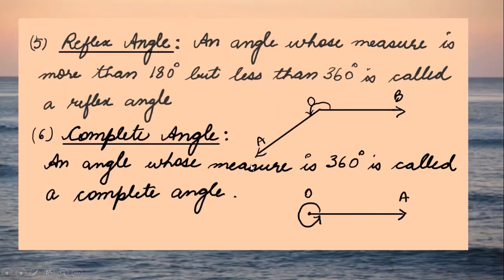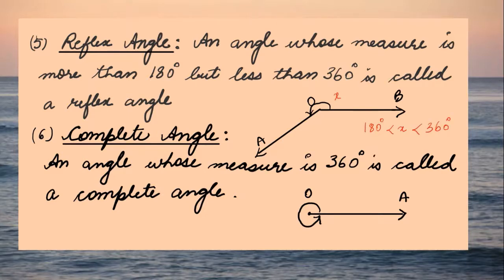Now after this, reflex angle. An angle whose measure is more than 180 degree but less than 360 degree is called a reflex angle. Here you can see angle AOB. This is your reflex angle. That is, if this is your x, then 180 degree, then x, then 360 degree.